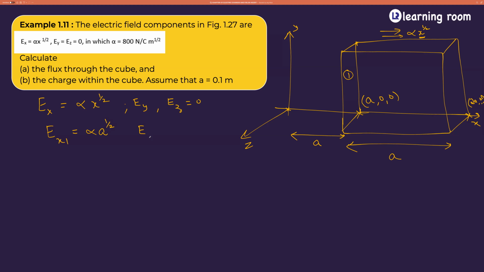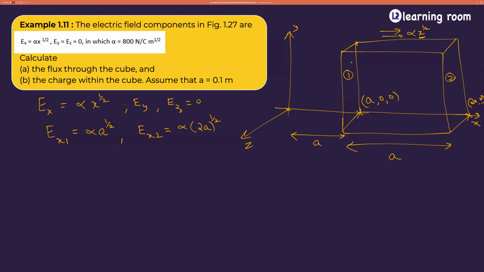Similarly, the same electric field along x direction at face number 2 is going to be how much? It's going to be alpha into, now you know the answer. What is the x coordinate? It is 2A. So alpha into 2A raised to the power of half. Simple, right?